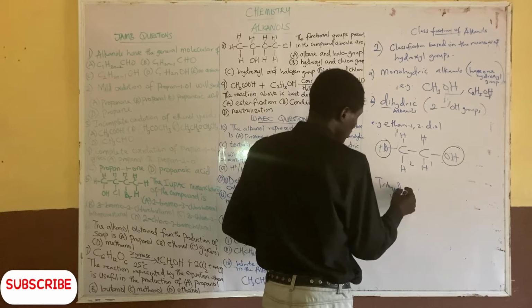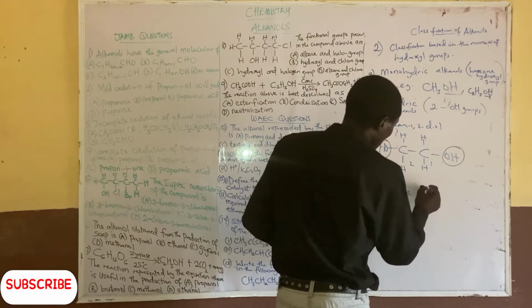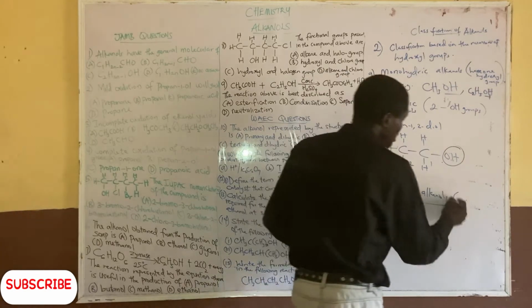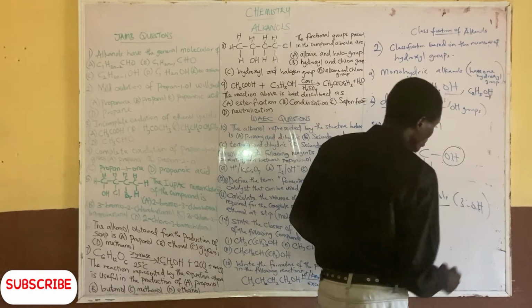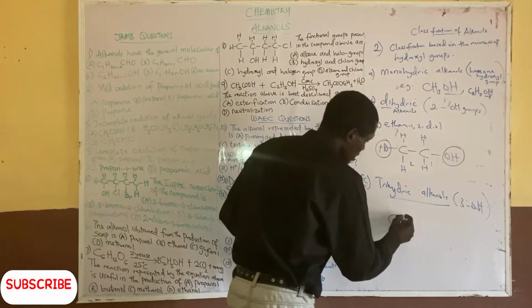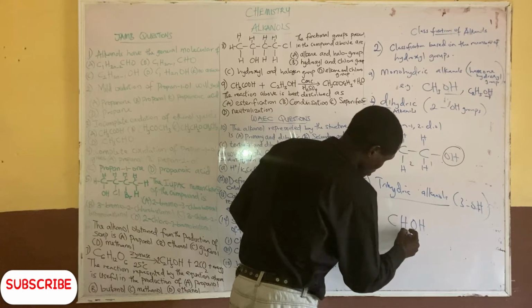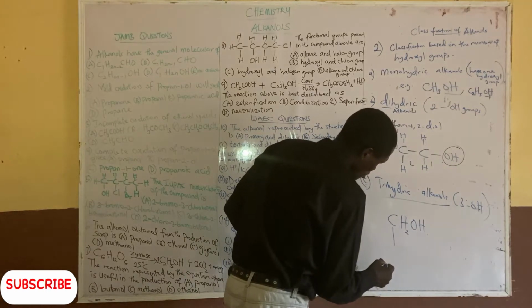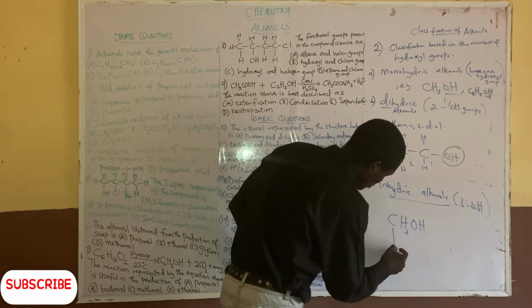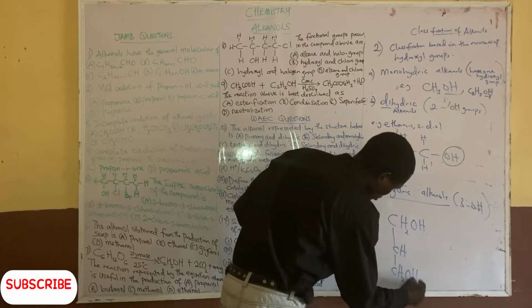And also we have what we call trihydric alkanols. It contains three hydroxy groups. The popular example is glycerol, CH2OH and so on.